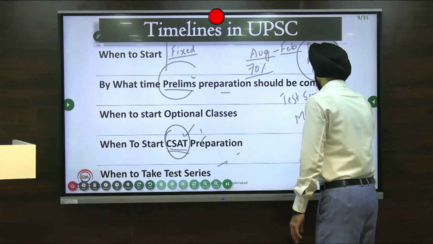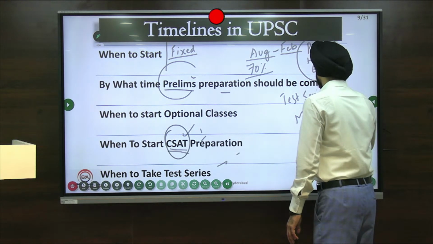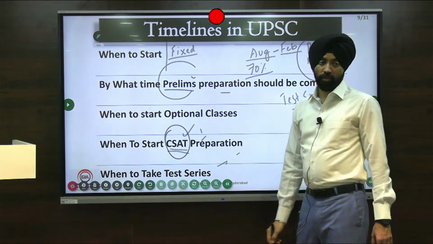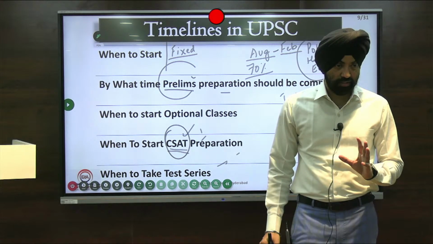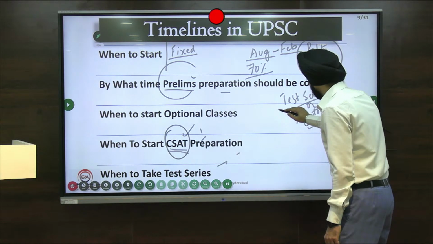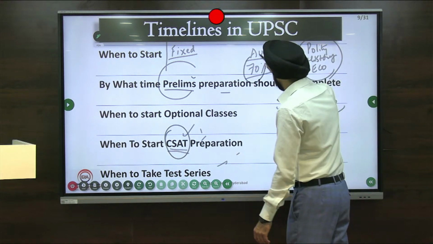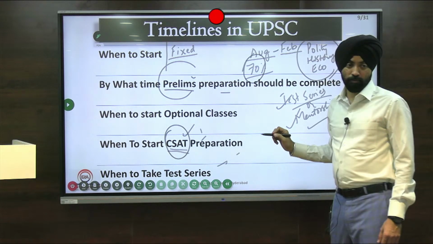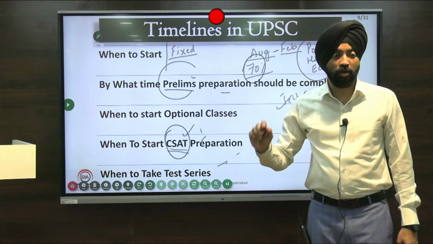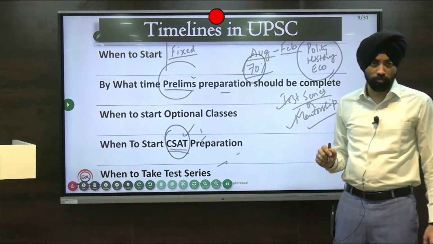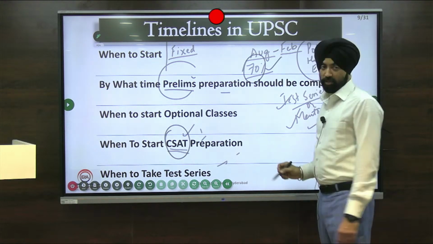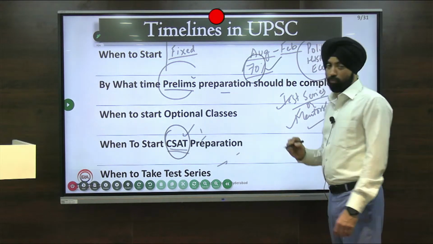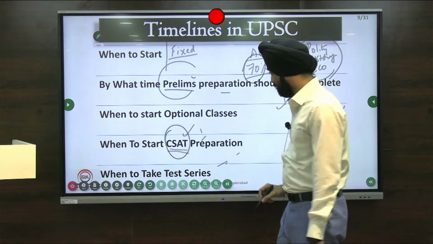Very, very important word I am using: test series or mentorship. The moment 70% of your syllabus is complete, because this is where your knowledge, whatever you have gained, is put to test. So it is always advisable to start testing whatever you are understanding or rehearsing in the classroom through the test series and various mentorship platforms.